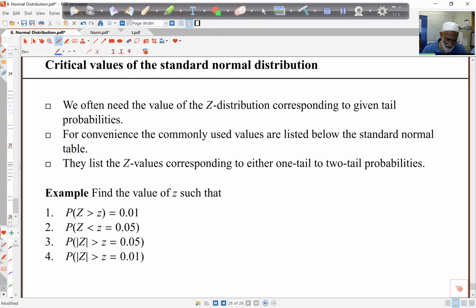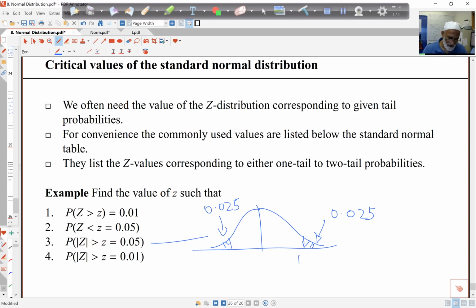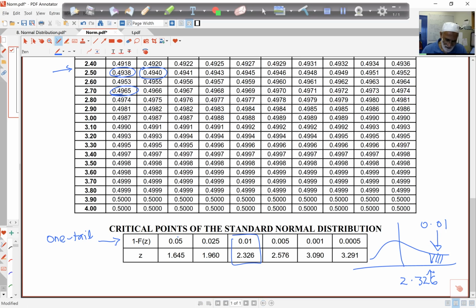In absolute value, if I want 0.05, well, all that means here is I've got half on each side. So the half here is 0.025, and the other half here is 0.025. And so the z value I get from the tables here, if I look up 0.025, is 1.96. That number there is a very useful number, as you'll see.